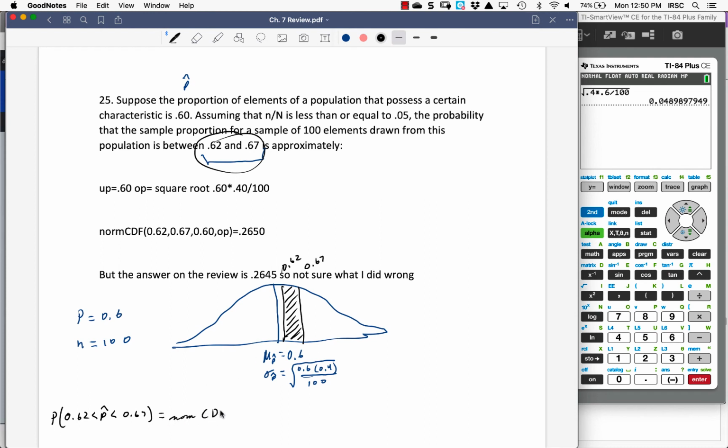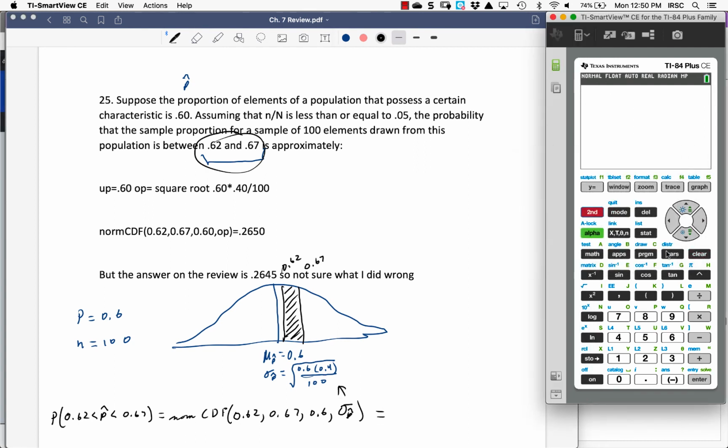Normal CDF, we're finding the area under a curve from 0.62 to 0.67, mu sub p-hat is 0.6, and sigma sub p-hat is, I'm just going to put sigma sub p-hat because it's right there, isn't it? And we'll put that in our calculator.